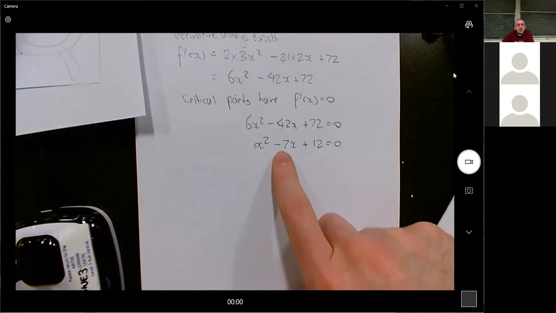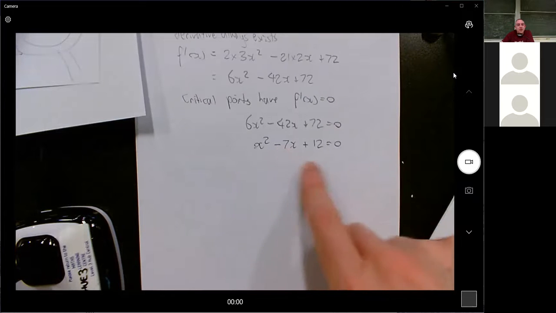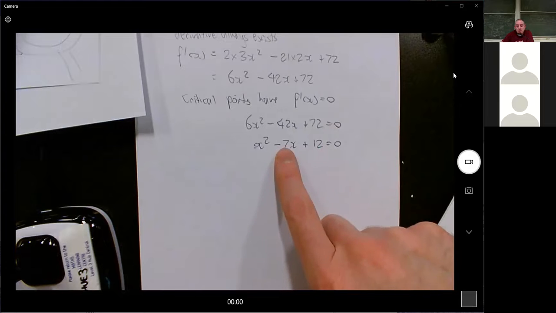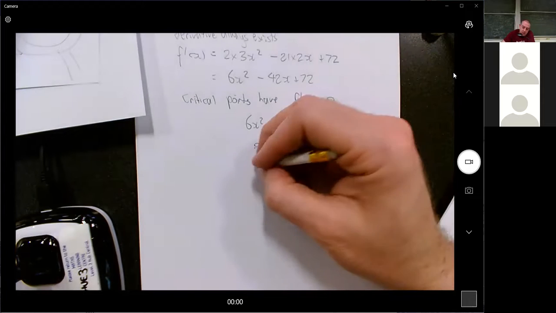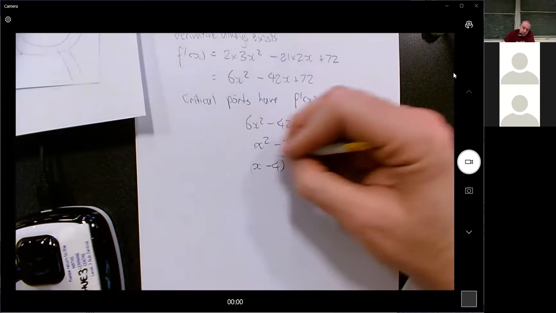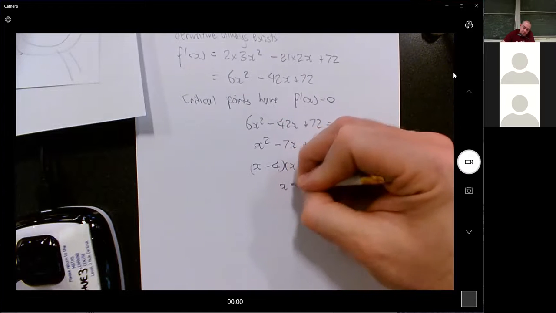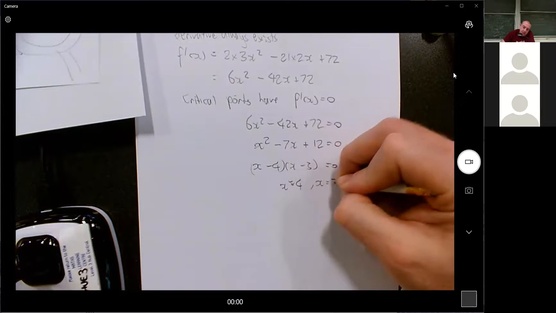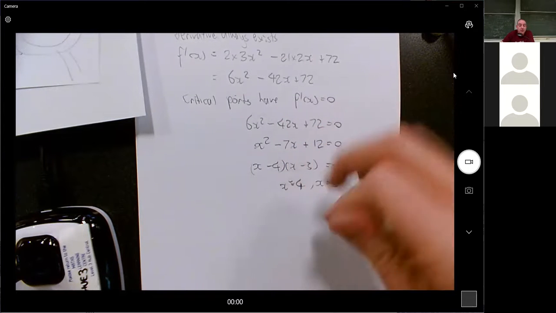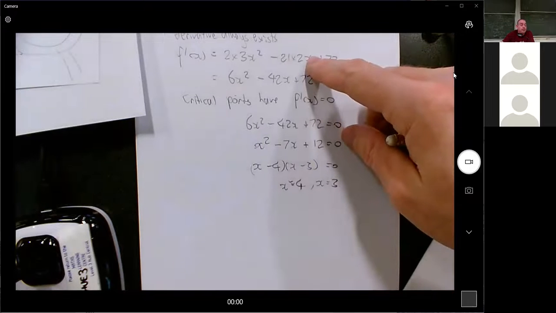So if I can think of 2 numbers that add to give -7 and multiply to give 12, that'll be good. 7 and 0, no. 6 and 1, no. 4 and 3, yes. And so x is equal to 4 and x is equal to 3. They are my 2 critical points. These are points where the derivative is 0.